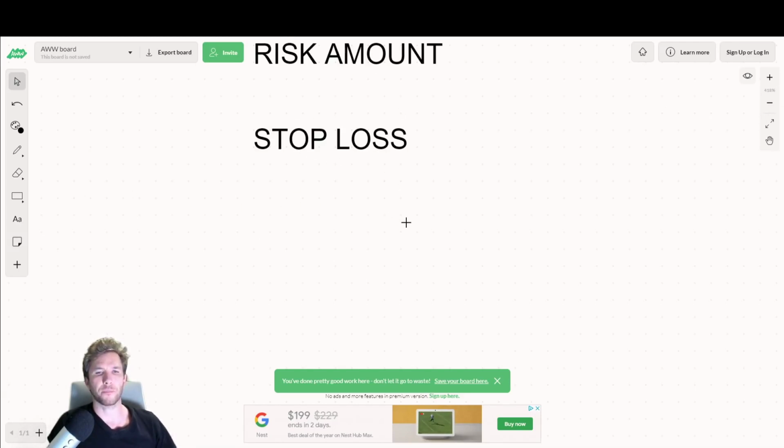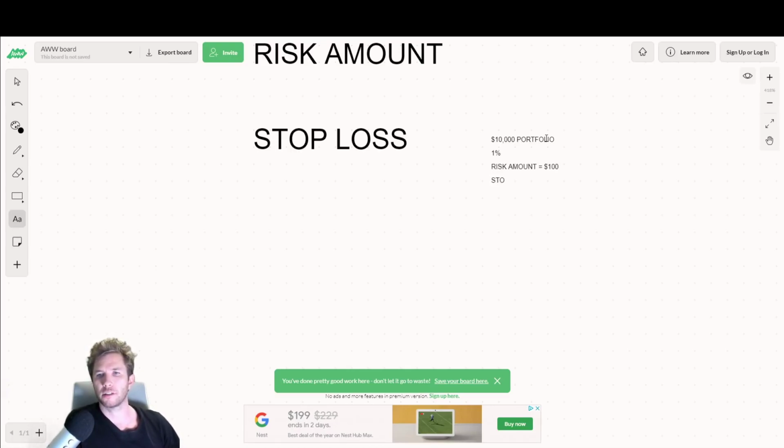Now, what does that mean? Now, if you remember what I said before, $10,000 portfolio, okay? You want to risk 1%. So your risk amount equals $100.